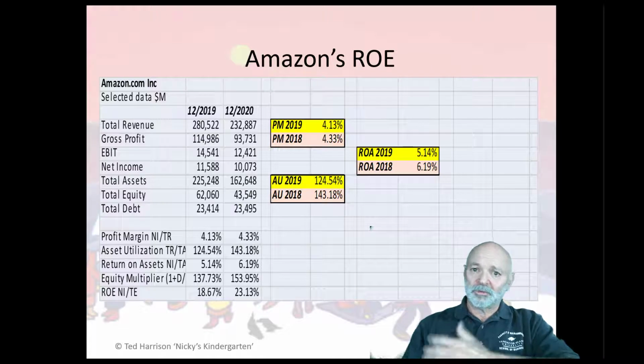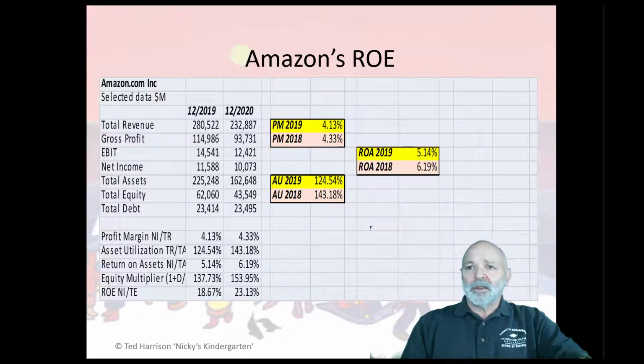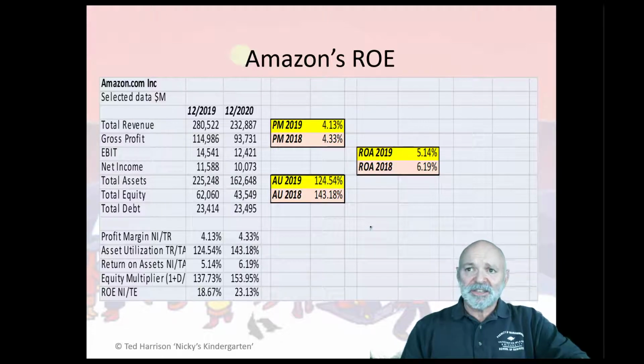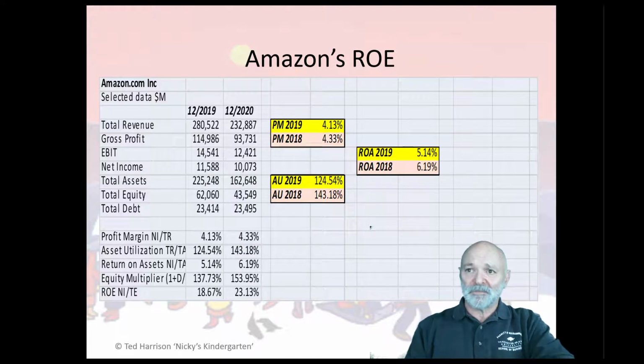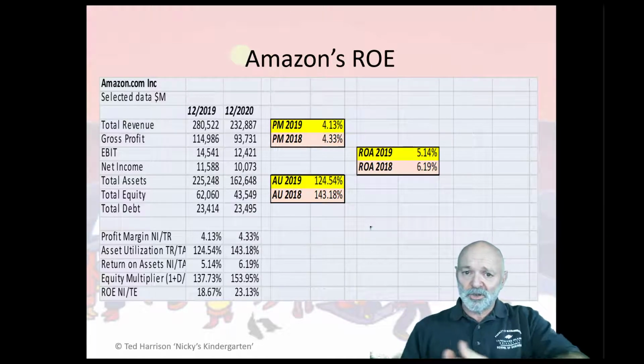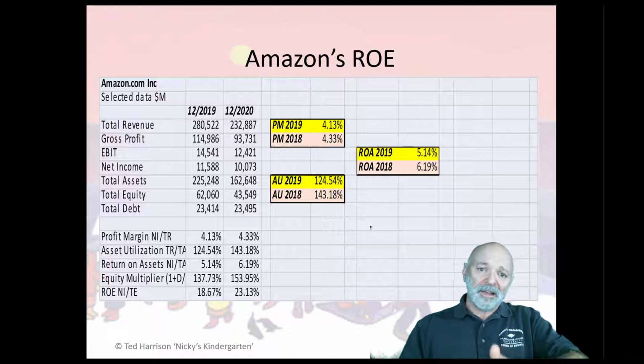Now, is that good? You'd think that Amazon's asset utilization would be higher. We see that, in fact, from 2018 to 2019, the asset utilization has fallen. So they're turning over their assets less. Perhaps they're holding larger inventories. And we know that Amazon actually doesn't always sell their own inventory.